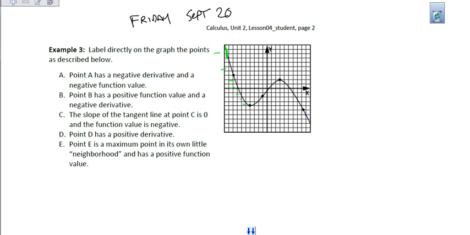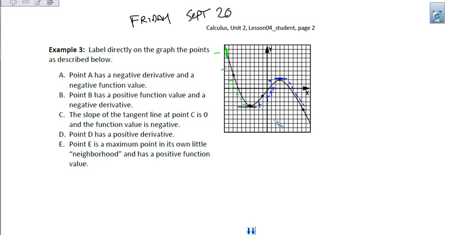Then when we get to this spot right here, where x is negative 1, 2, 3, 4, whatever that is, negative 5, we have a derivative of 0 there because we have a horizontal tangent line. And then at that spot, this curve starts to become positive, remains positive until it flattens out again at this spot, and then the function starts decreasing. And so when it's decreasing, it becomes negative, negative, negative.